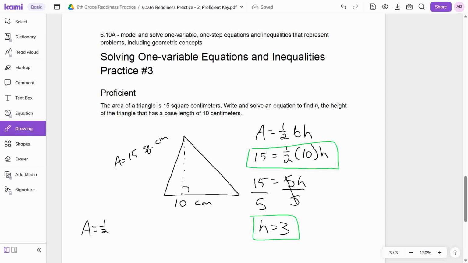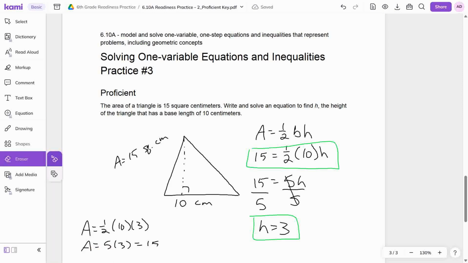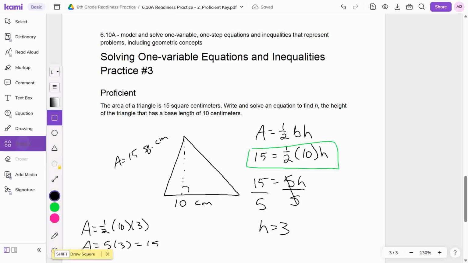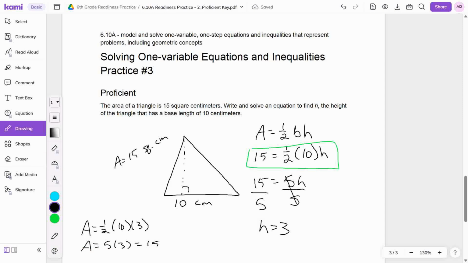Area equals 1/2 base of 10, height of 3. And that's going to be 1/2 of 10 is 5 times 3. Yep, that equals 15, which gets us back into that. And so let's say 3. Let's go ahead and use the full unit here. These are centimeters, so we'll put 3 centimeters.